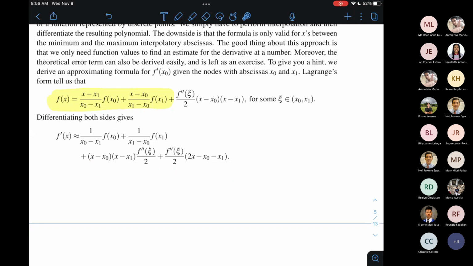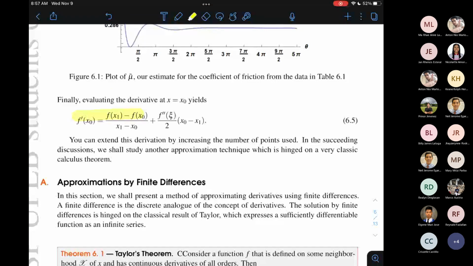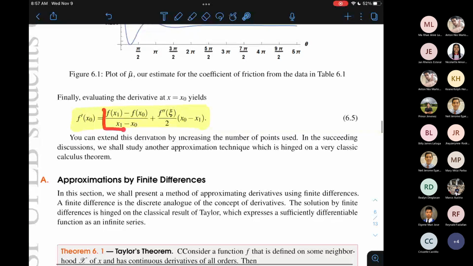Produkto yan ng product rule. All right? And then since we want a formula for f prime of x sub 0, at this particular point, I will plug in x equals x sub 0. And hence, we will get this formula. Ito yung estimate natin for f prime of x sub 0. And the nice thing about this formula is we do have a nice way of how to compute the derivative, but not just that.